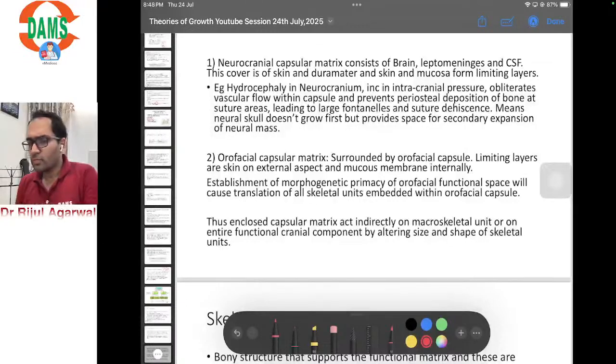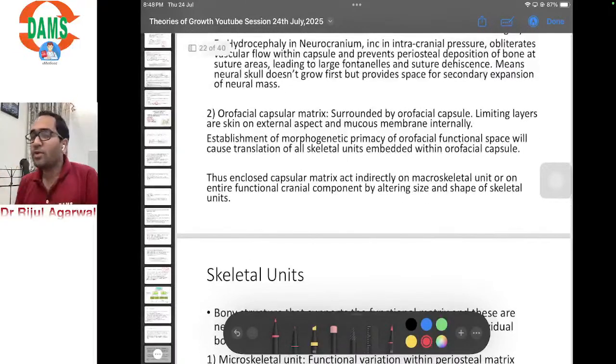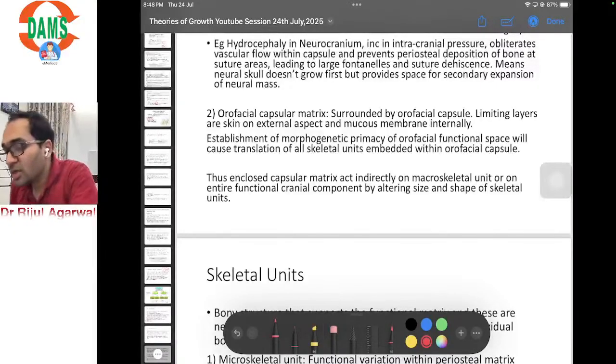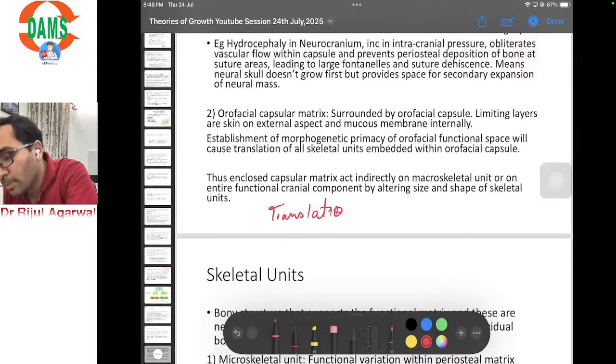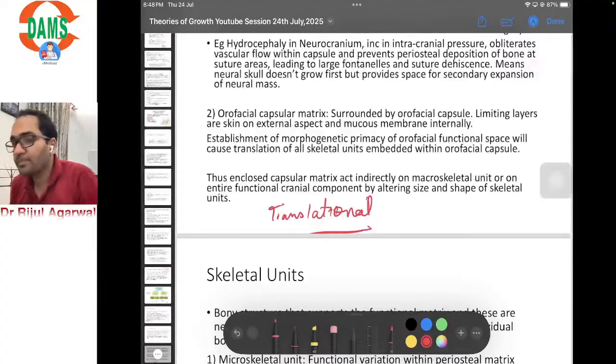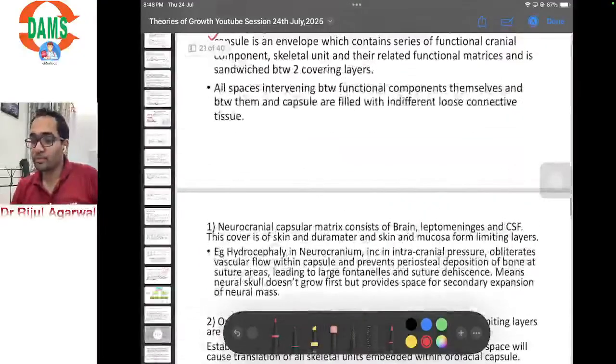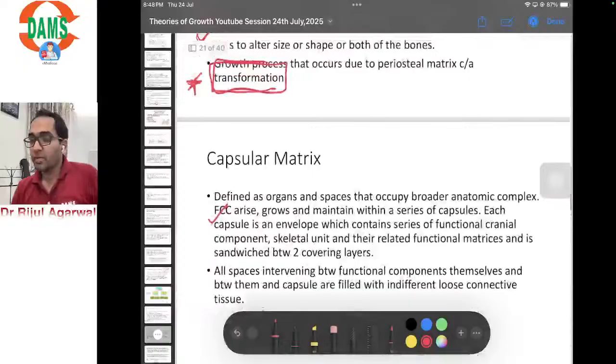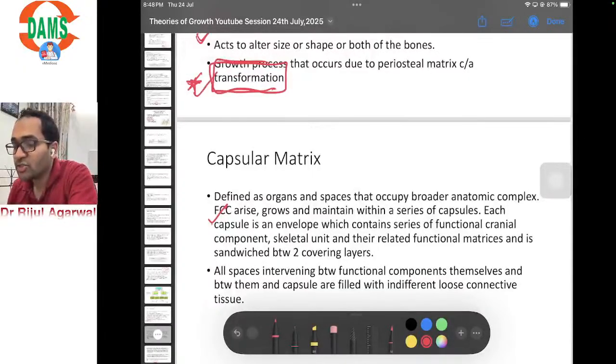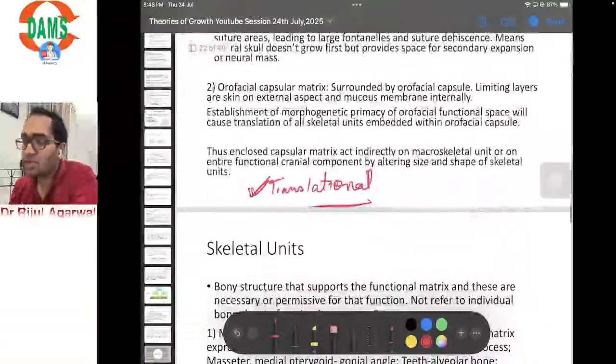Okay, so the capsular matrix brings about the growth of the macroskeletal unit by altering its shape and size, and the growth which occurs here is a translational growth. Here the growth was transformational growth. Here it is translational growth.